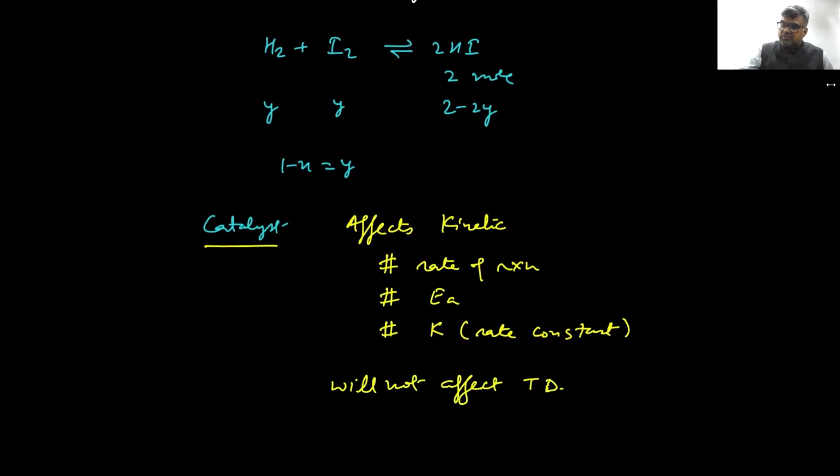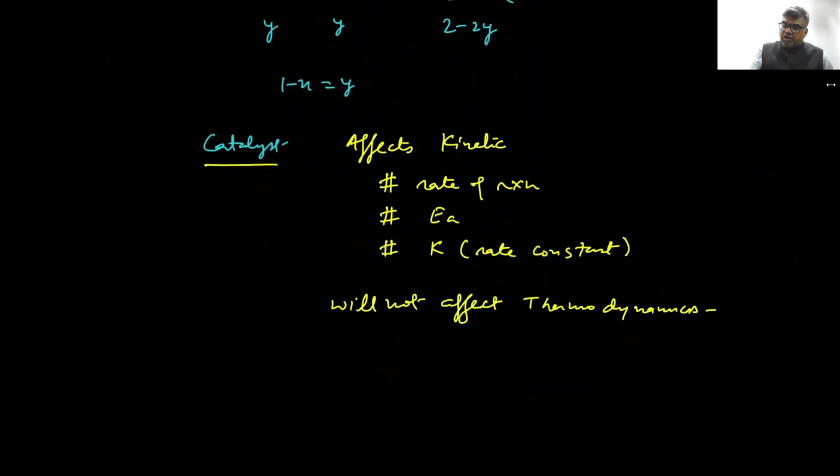The catalyst will not affect the thermodynamics of the reaction, or the thermodynamic parameters of the reaction. More precisely, I'm writing it in a shorter manner. It will not affect the thermodynamic parameters, meaning it will not affect the position of equilibrium. I'm covering the theory part here itself so that we don't put extra time into it. So the position of equilibrium is unaffected.